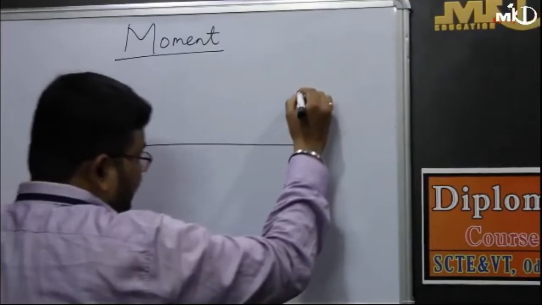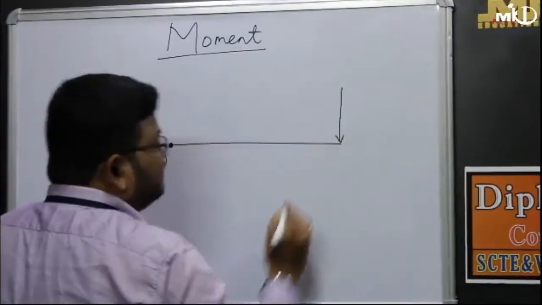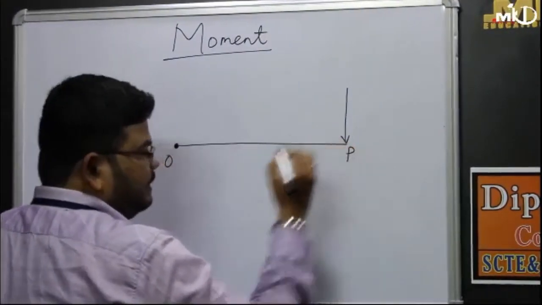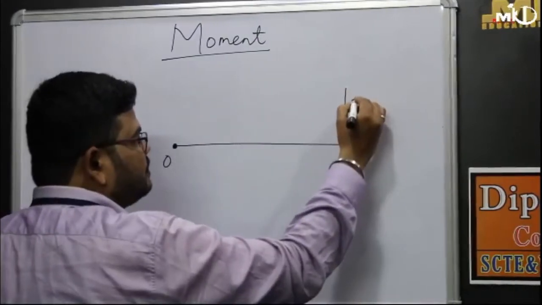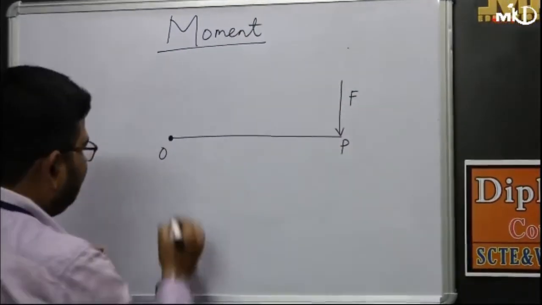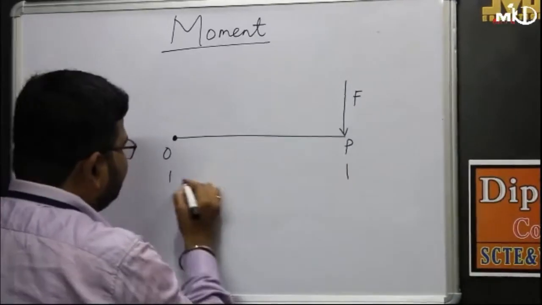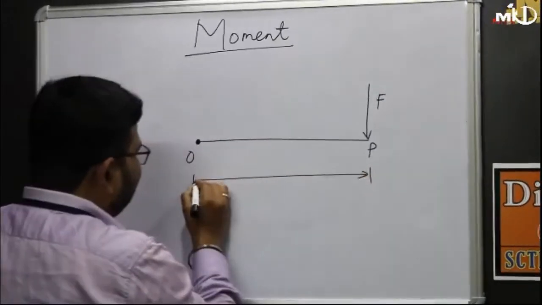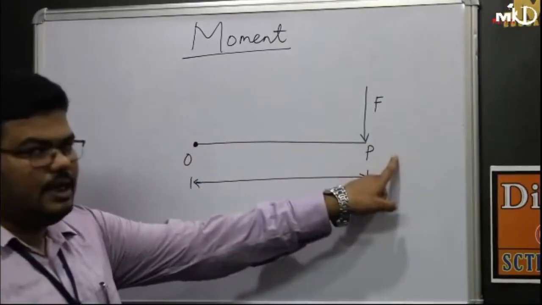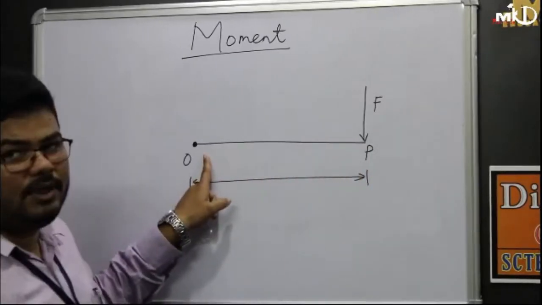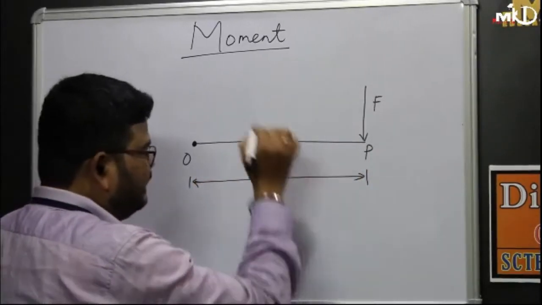Now, a force is acting over the body at a point P, and the magnitude of the force, let it be F, and the distance between the point of application of force and the point about which the moment is found, let it be L.